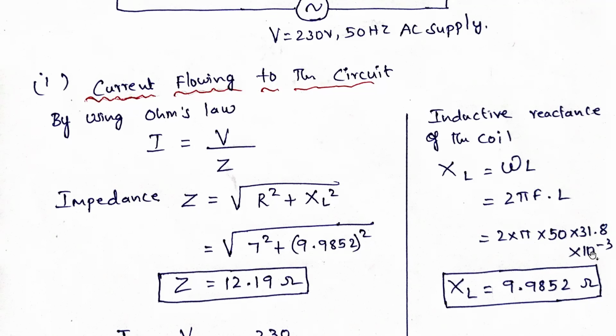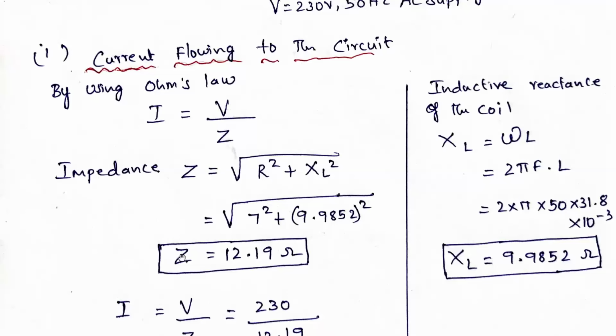Milli means 10 to the power of minus 3. If you simplify this, XL we get as 9.9852 ohms. Now we substitute XL, the inductive reactance, and simplifying, we get the impedance Z as 12.19 ohms.